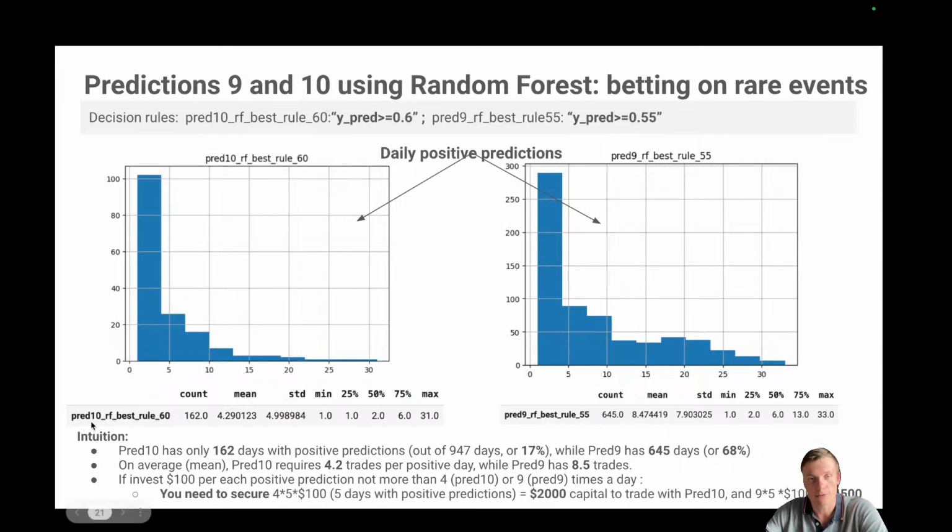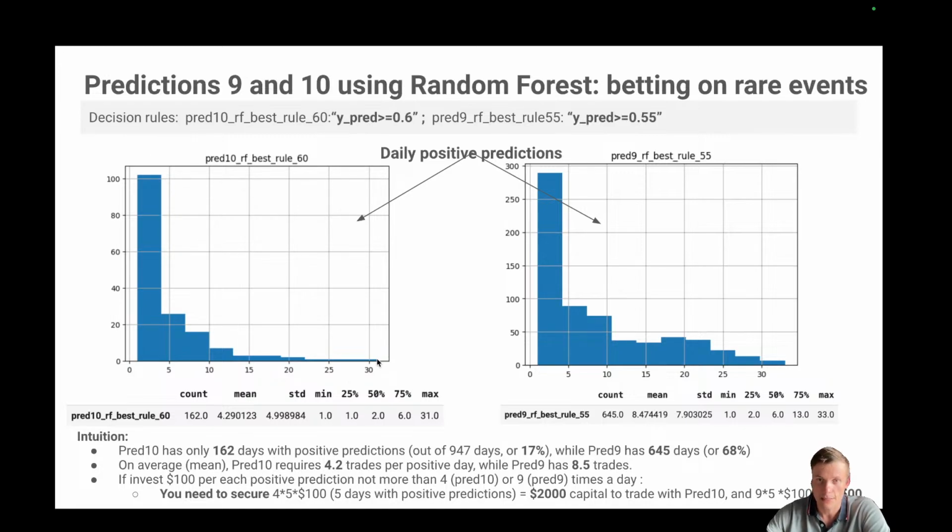Before we move to the simulations, there is a visual comparison of prediction number 10 and prediction number 9. Prediction number 10 says that there were only 162 days out of 900 days, or 4 trading years of test simulation, where prediction number 10 showed any positive predictions, and oftentimes it was just 1 or 2 stocks out of 33 stocks when you were supposed to trade.